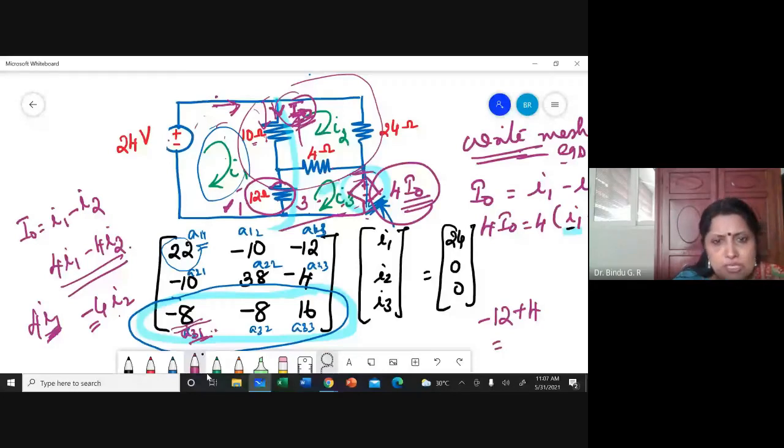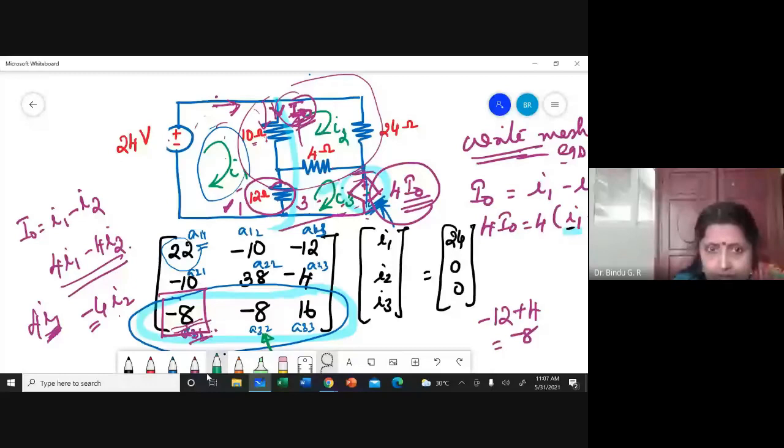Now coming to position 3,2. Had this been the original circuit where I didn't have this dependent source, I would have written only minus 4, because it is minus, I am putting minus because it is common. Minus 4, with I2 in this direction and I3 in this direction.